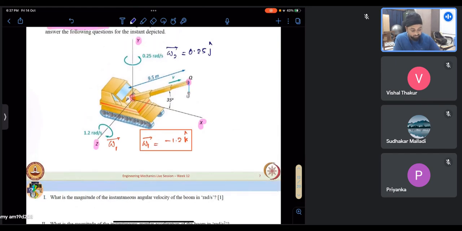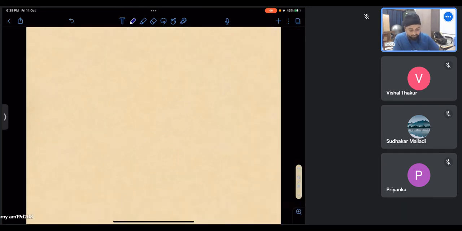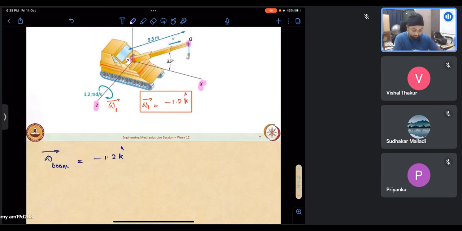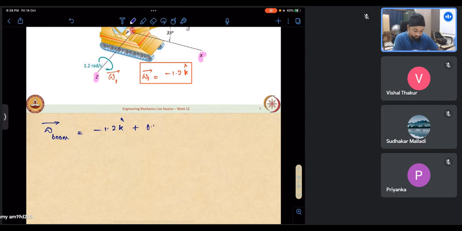So we are able to see here that if the crane were not moving, if only the boom was just being lowered, then our angular velocity of the boom would have been minus 1.2 k cap because it was being lowered. But the crane itself is moving, so this component also adds up. Let me write it this way: omega 1 plus omega 2 is my total angular velocity.